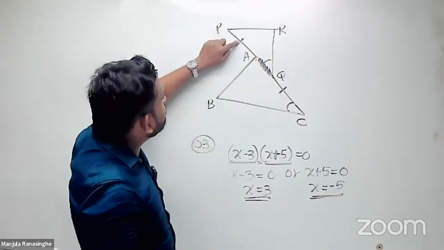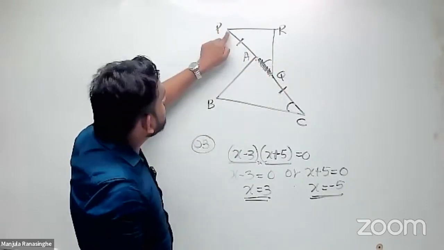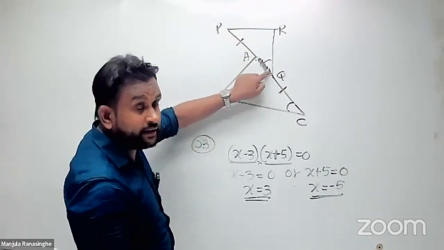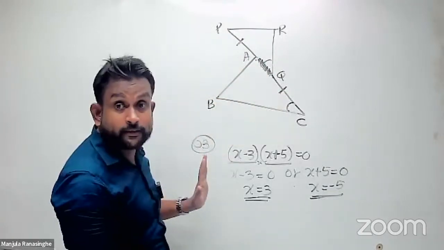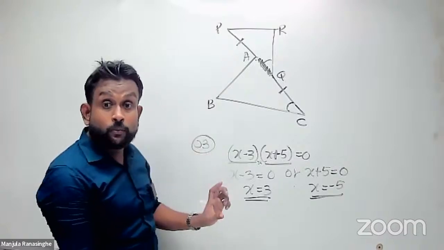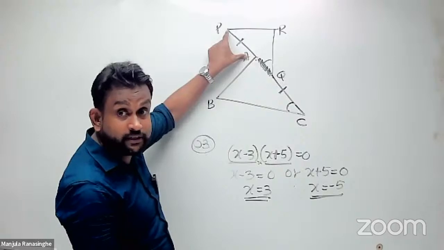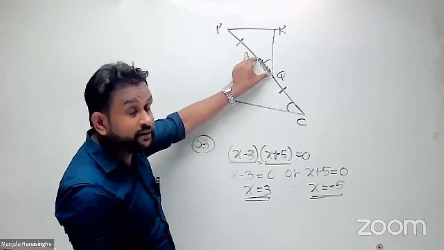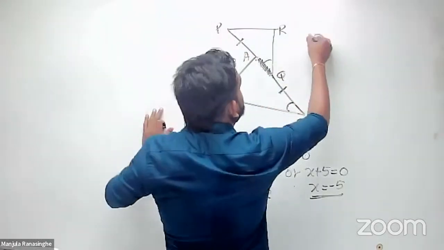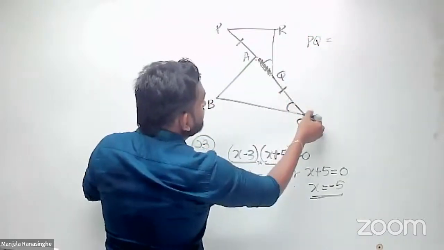So if these two are given equal, then these two lengths, this side and this side, are also considered. They have mentioned only this part, but in our knowledge we determine that this part is common. Then we can say that PQ equals AC.